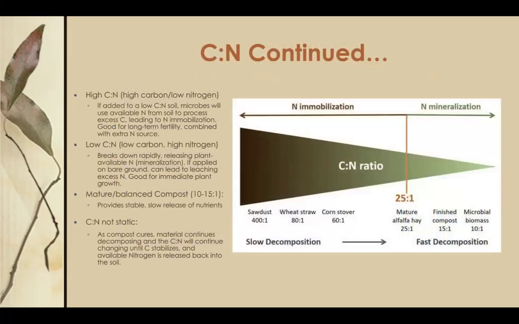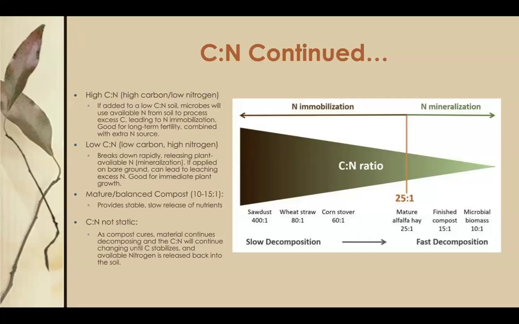To continue, just to give an example of using the C to N when you're applying compost. Let's talk about finished compost, and I'm going to talk a little bit more about what that means, because you're never going to look at a person who's grown and call them finished.